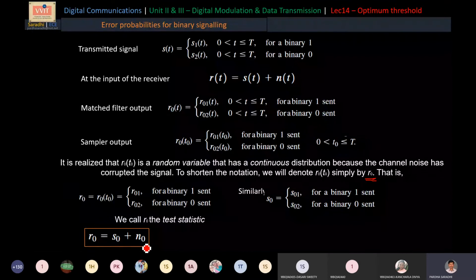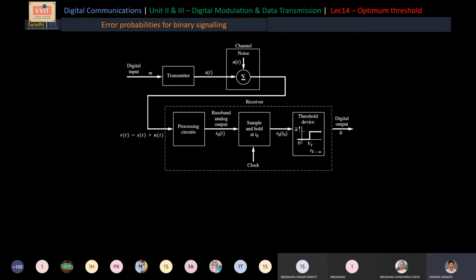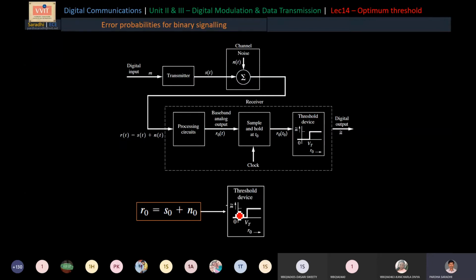So N0 is just N0 only. We don't write any N01 or N02. Is this clear? So R0 is actually S0 plus N0. Okay, fine. This R0 we are giving as input to the threshold device, and this threshold device is producing M cap.